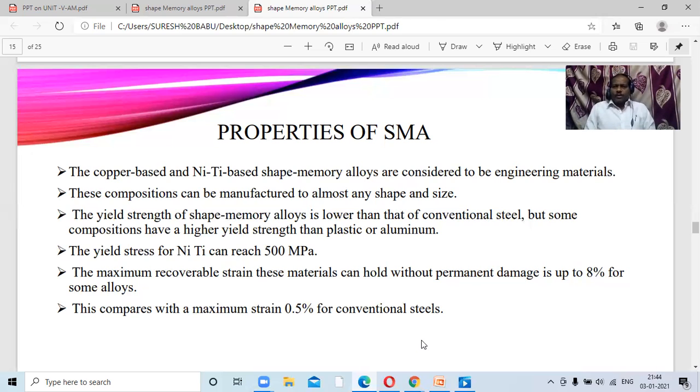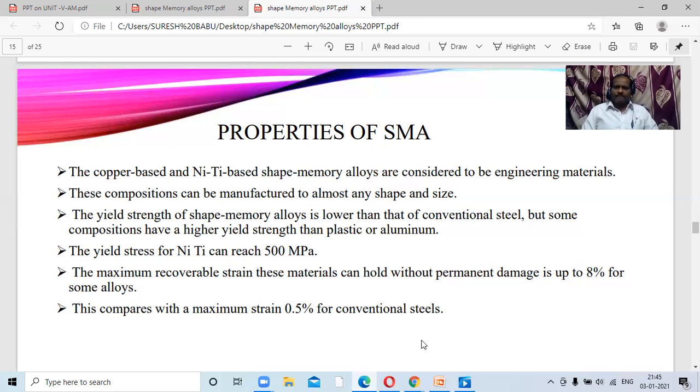So the point referred to by this slide is that there are 6 points, and broadly you can remember 4 points. First one is nickel, titanium, and copper-based alloys are widely used in engineering applications. Second one, there is no limitation in size and shape to convert a shape memory alloy for its application.